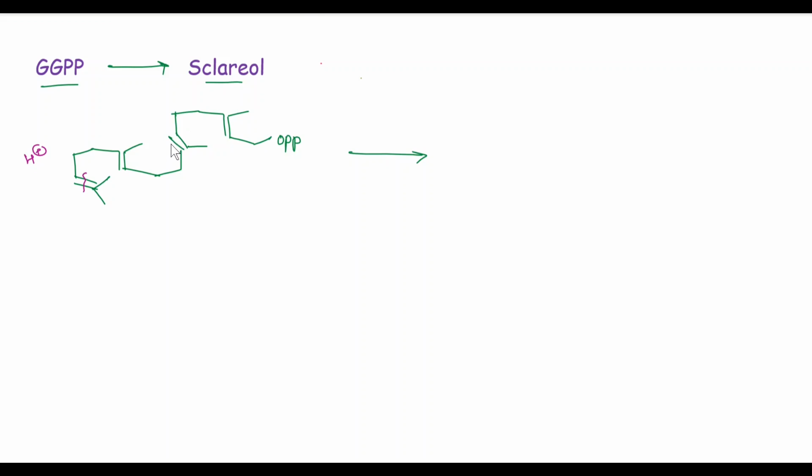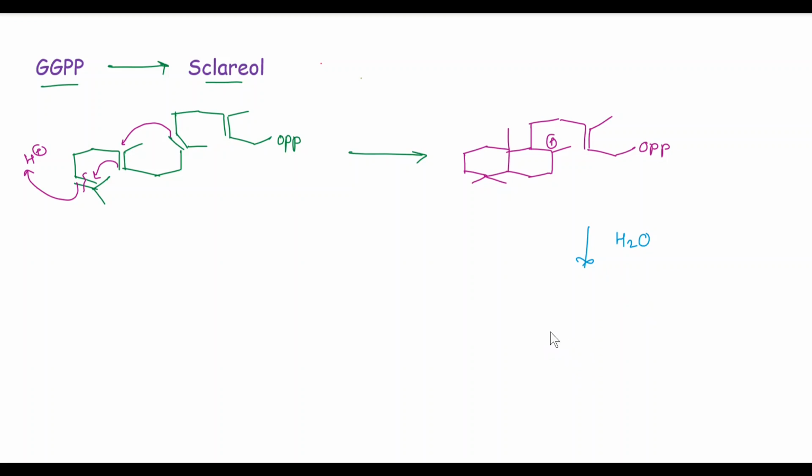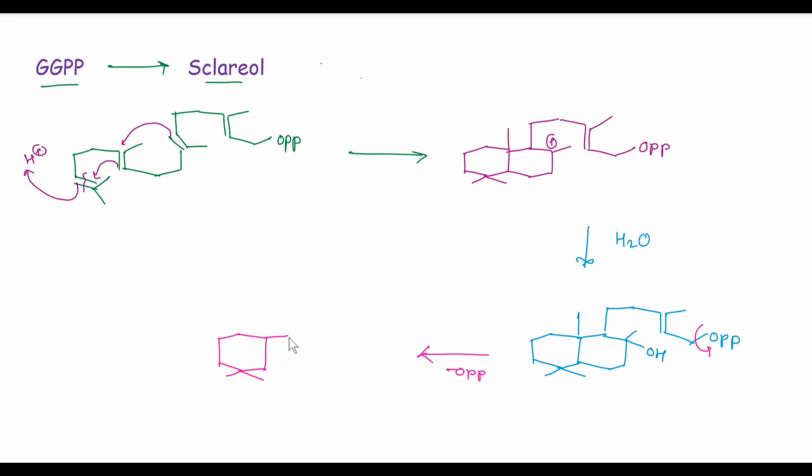This bond attacks on this carbon, this bond attacks on this double bond, and protonation takes place with formation of a carbocation. In the next step, on addition of H2O, we get OH. In the next step, loss of pyrophosphate takes place, that is minus OPP, and we get an allylic cation. Here CH3, here OH.